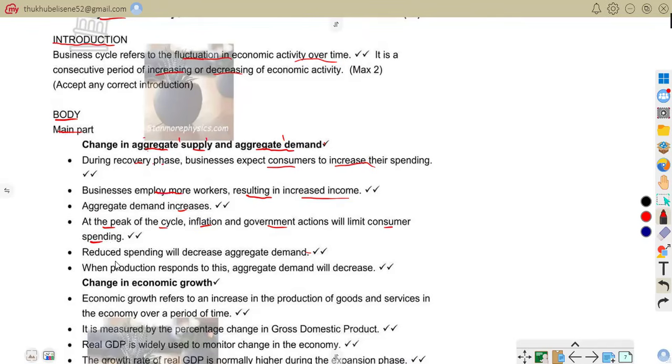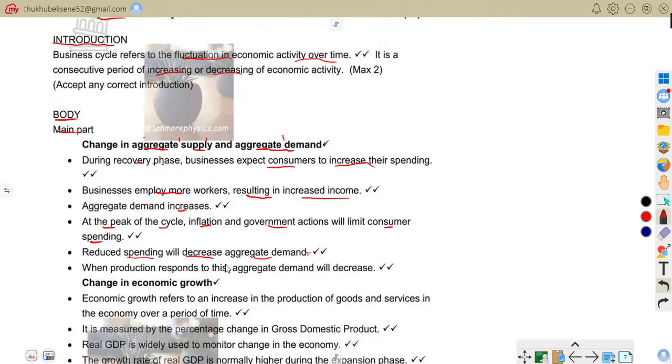Also it talks about reduced spending will decrease aggregate demand. Meaning to say when consumers spend less, total demand in the economy falls. For example, if fuel prices rise sharply, people will reduce travel.